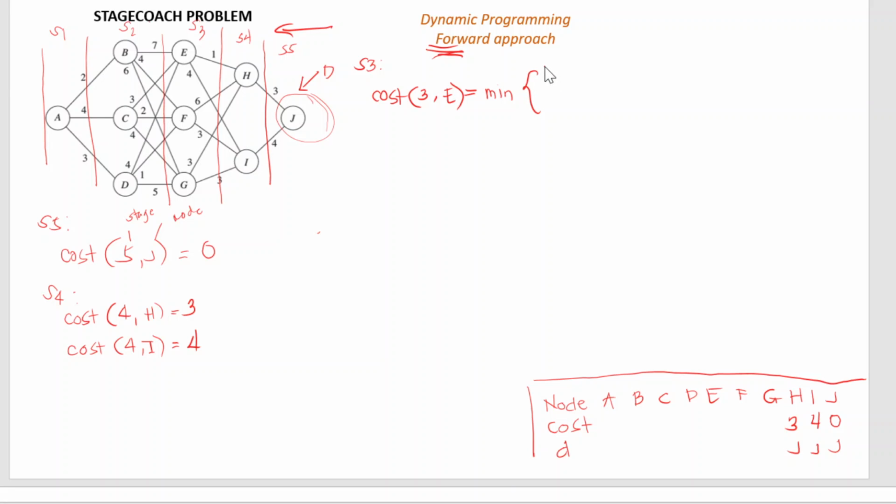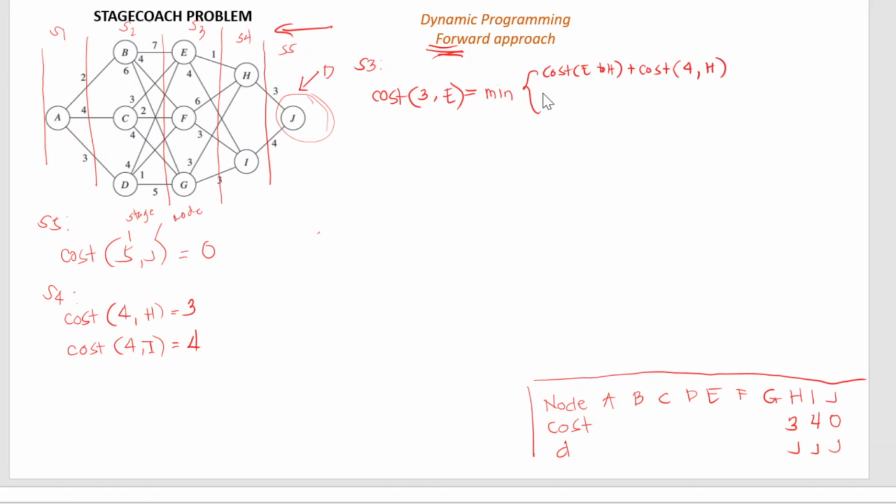So therefore, you would be getting the minimum of cost E to H plus cost of 4H.